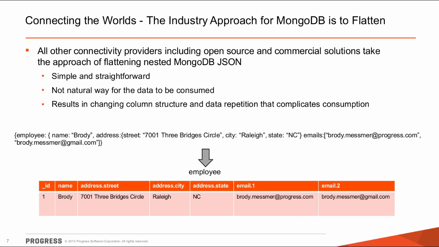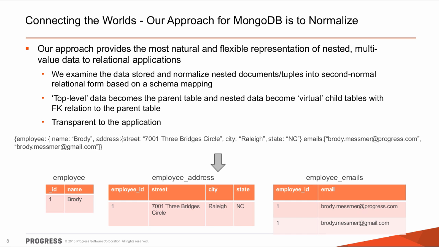So what's a better way? The better way, in our opinion, is the approach that we took with our MongoDB standards-based connectivity, and that is to really what we call normalize that arbitrarily deep MongoDB data and give you and your organization power over how that potentially deep, complex data is going to be represented in a very natural way for relational consumers.